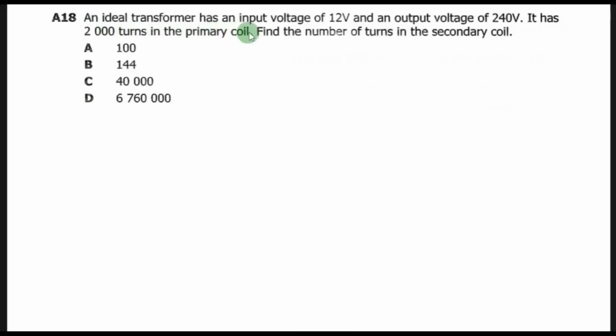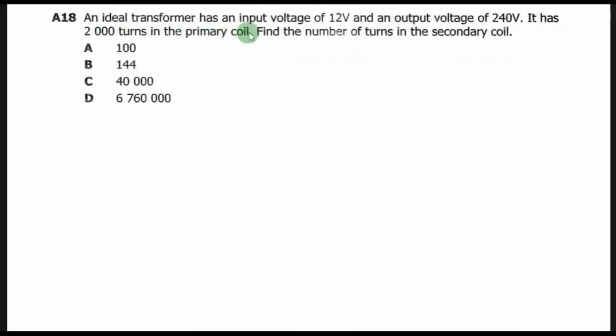We are being asked to find the number of turns in the secondary coil, so we must make it the subject of the formula. First we substitute. An ideal transformer has an input voltage, and the input voltage is always the primary voltage, or voltage in the primary coil.